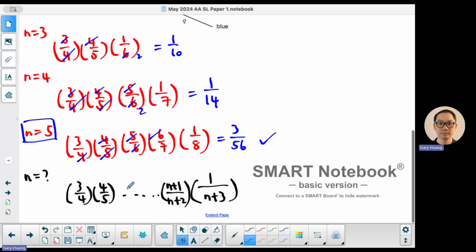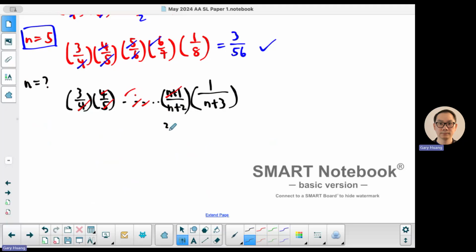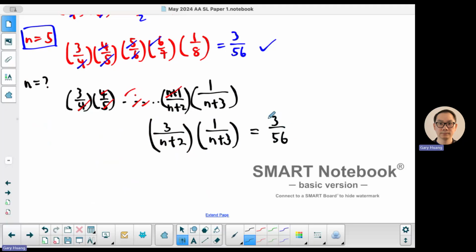And the good news is you see how everything cancels. So all those things are going to cancel each other, and you're going to be left with 3 over n plus 2 multiplied by 1 over n plus 3, and that has to equal 3 over 56. So you're going to have a quadratic, then you need to expand and simplify.